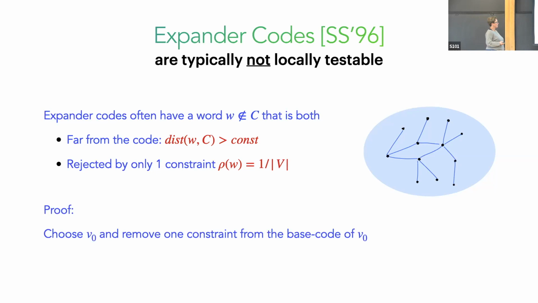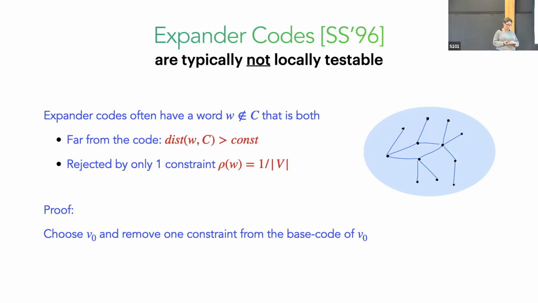Okay, so let's try to see why this is true. The first thing to notice is that if you had defined these Sipser-Spielman codes by choosing a different base code at every vertex, okay, for V naught you chose some C naught, for V1 you chose some C1, and so on, nothing in the argument would change, because all we needed is that the rate and the distance of these base codes was large. So how about this?